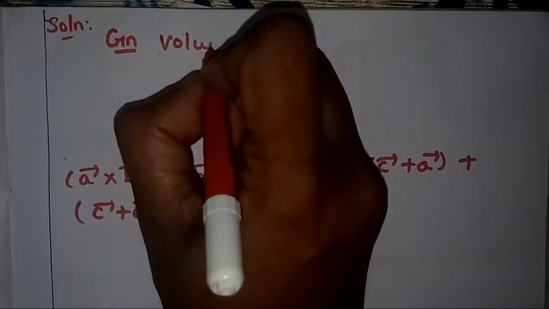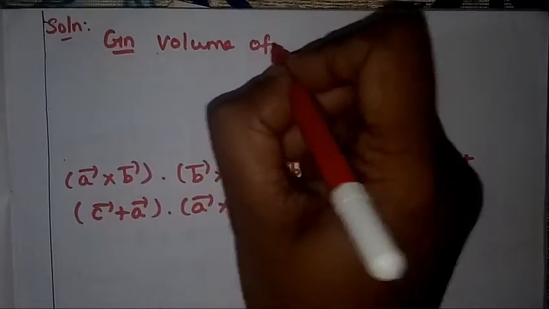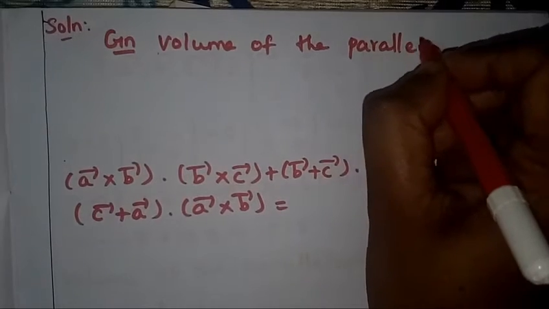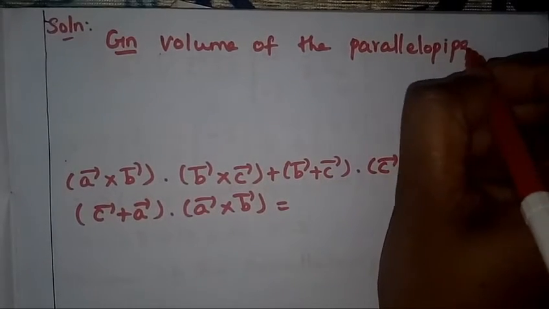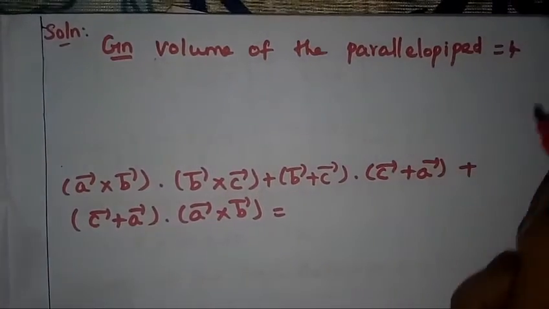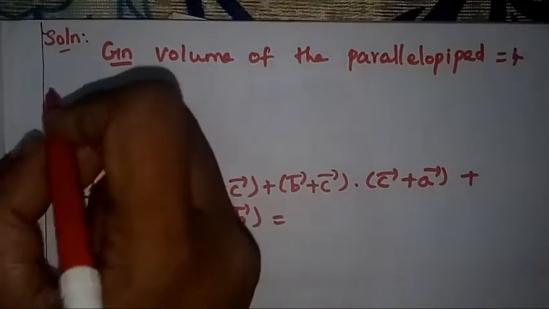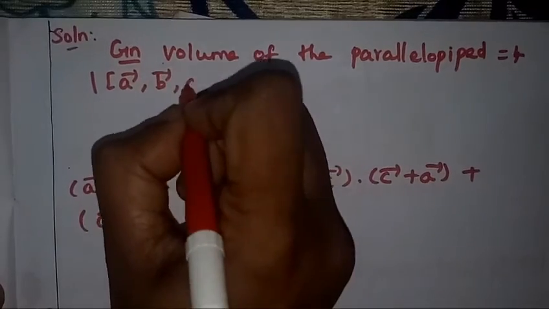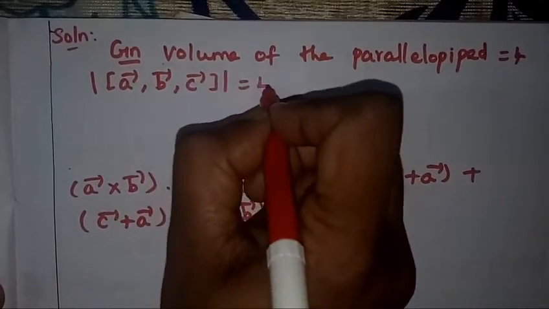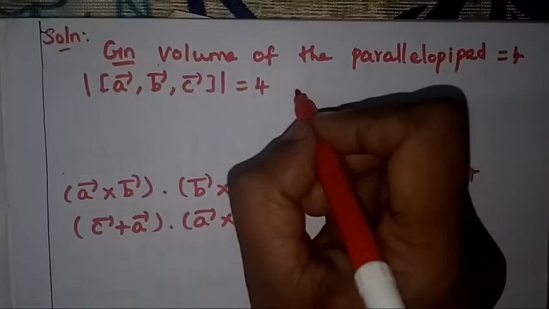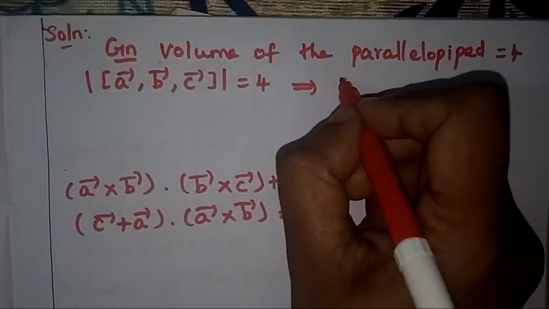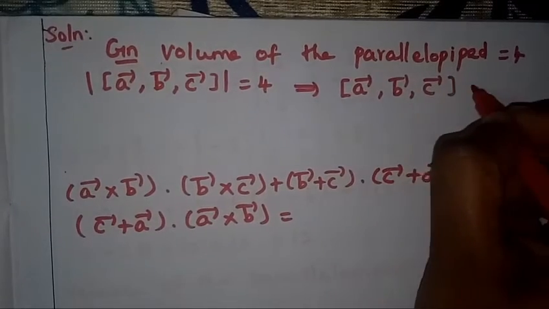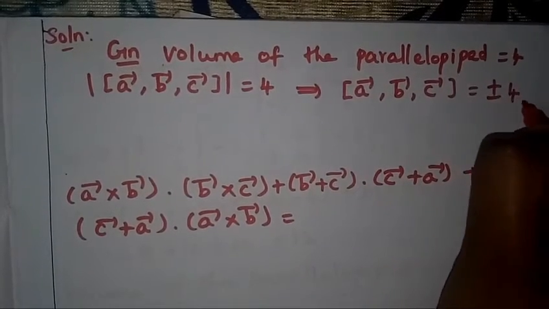So the modulus of the box product of A vector, B vector, C vector is equal to 4. If you remove the modulus, you will get plus or minus on the right side. So the box product of A vector, B vector, C vector is equal to plus or minus 4.